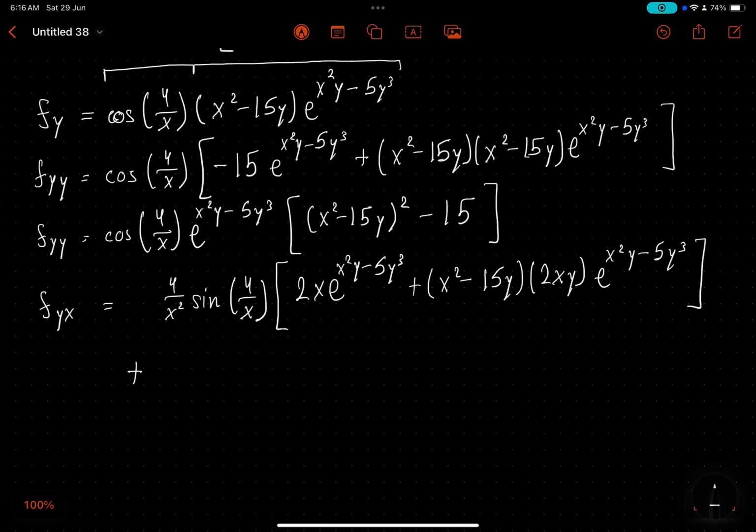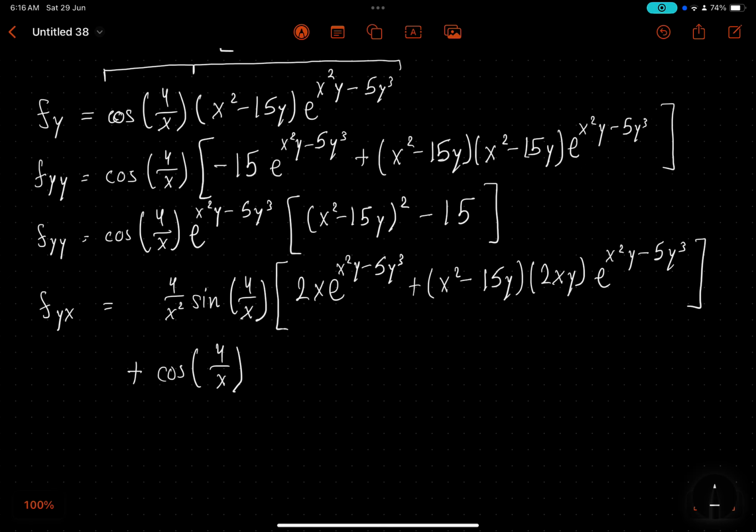Now we can go for the second part, which is cosine of 4 over x multiplied by, okay, I think it's correct.